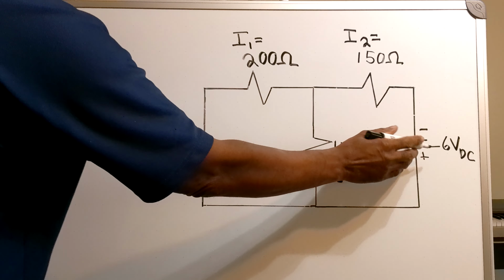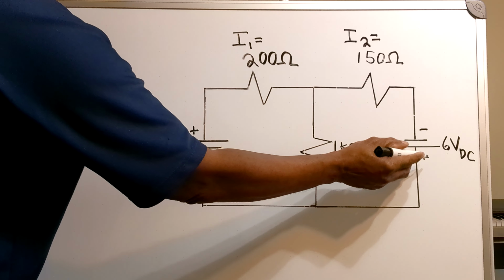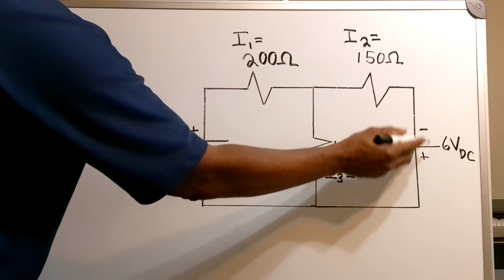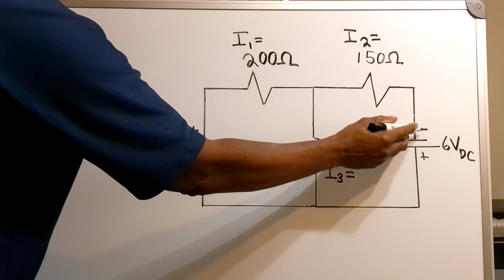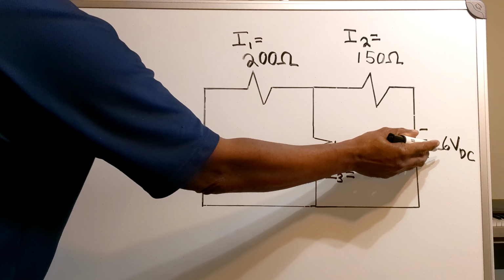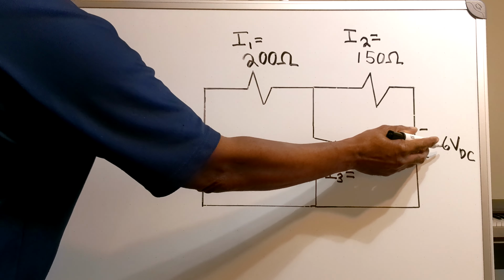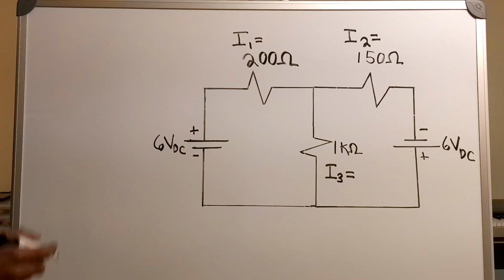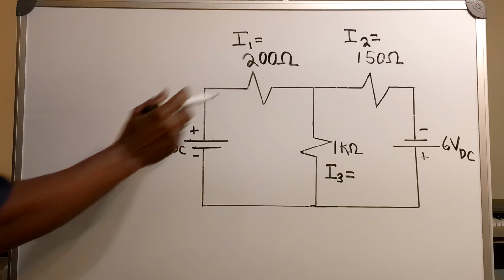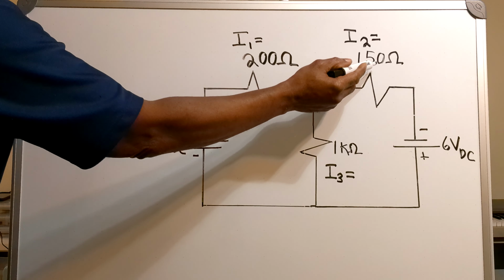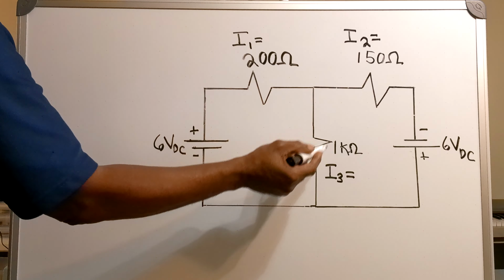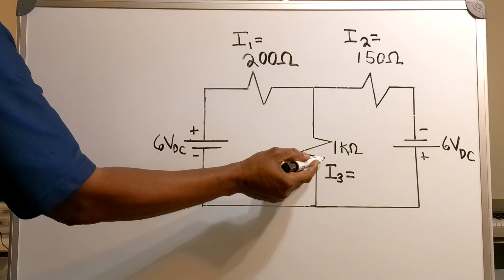And on this side of my circuit, this side is positive, this side is negative, and I also have a 6-volt source. I've got a 150 ohm resistor in series with the 1 k ohm resistor.